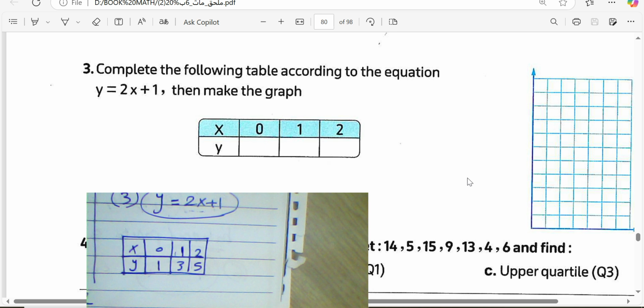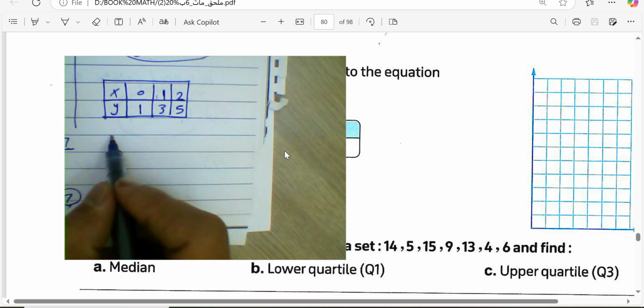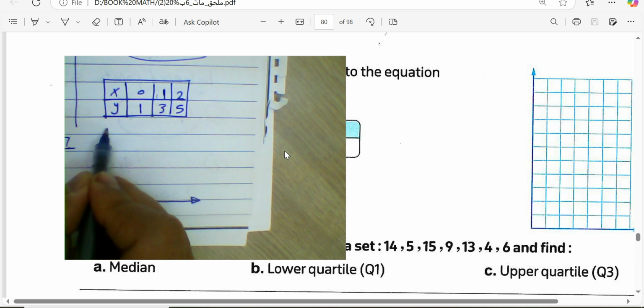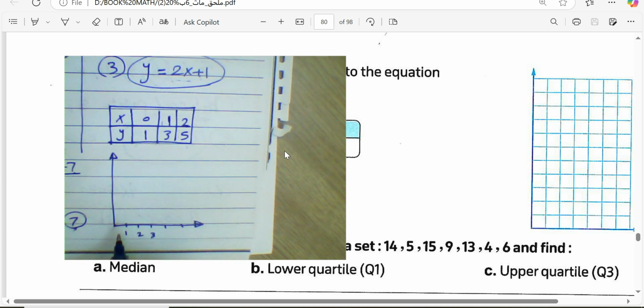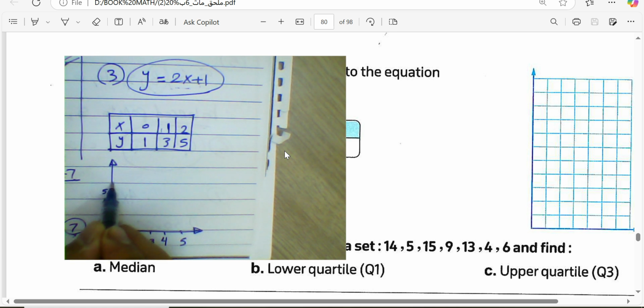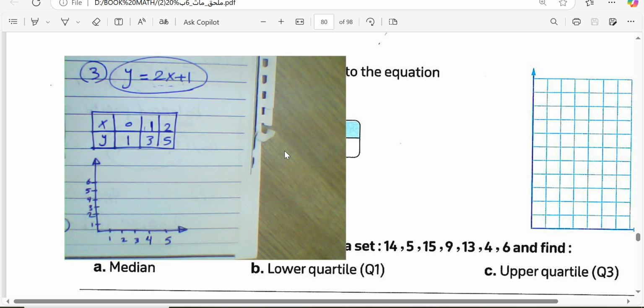And then we can draw the vertical and horizontal axes. Put all data here: 1, 2, 3, 4, 5, and 6. The first order is 0 to 1. Start from 0 to 1.